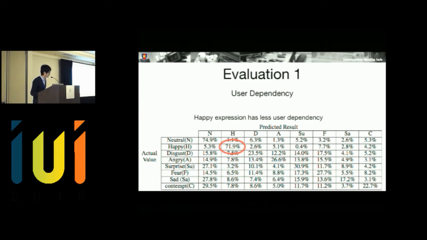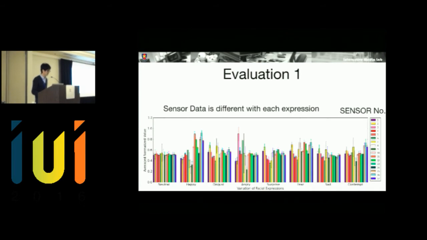However, happy expressions can be relatively recognized with high accuracy, like 71.9%. As this is user dependent, I'm just showing an example of the sensor values of each facial expression. It's a bit difficult to see, but the sensor data is different depending on each state.